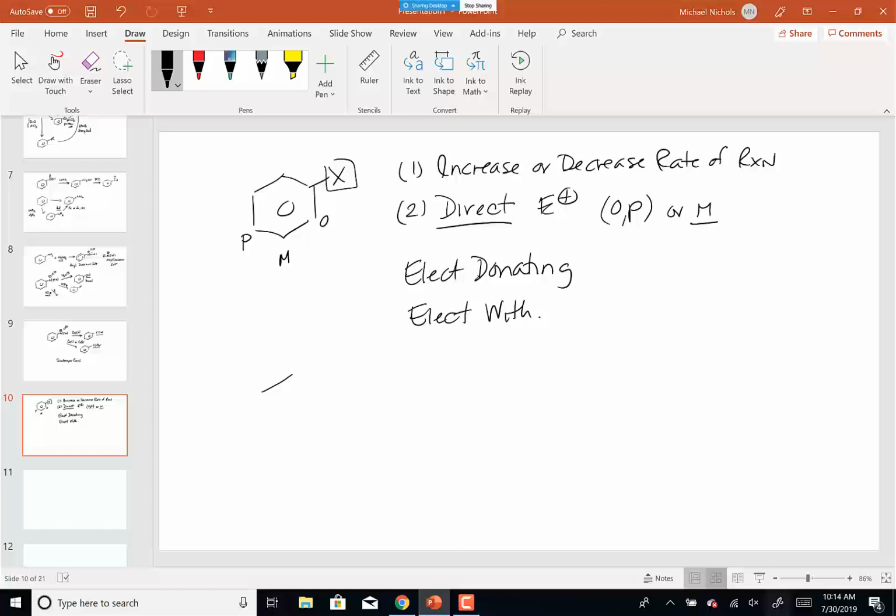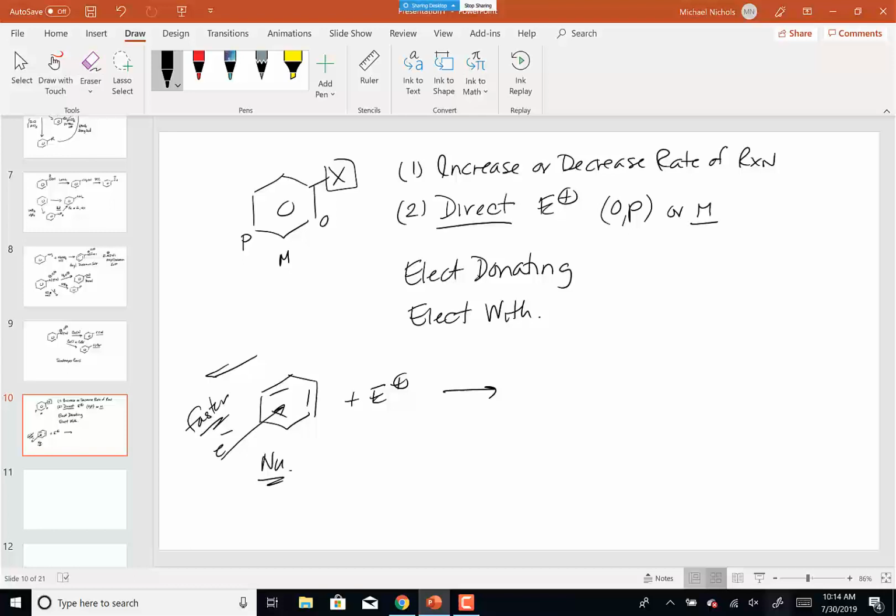Because the ultimate goal here is this: benzene reacting with an electrophile, the benzene is the nucleophile. So anything I can do to push electron density into the ring is going to make the reaction faster. So an electron donating group that's pushing electron density into the ring is going to make it react faster.